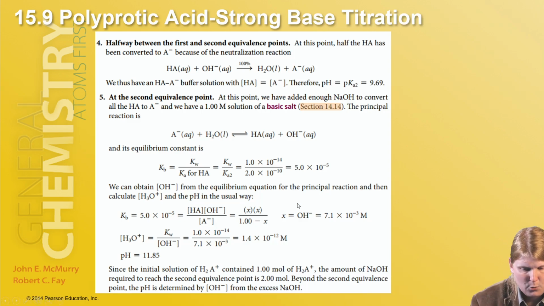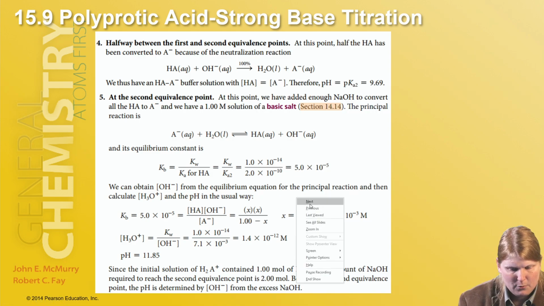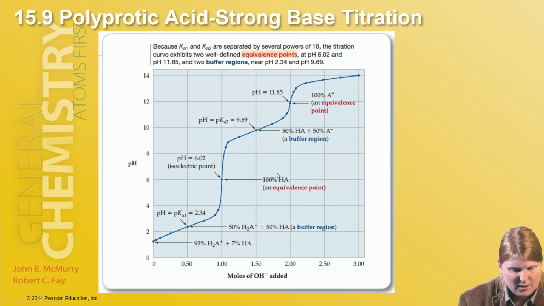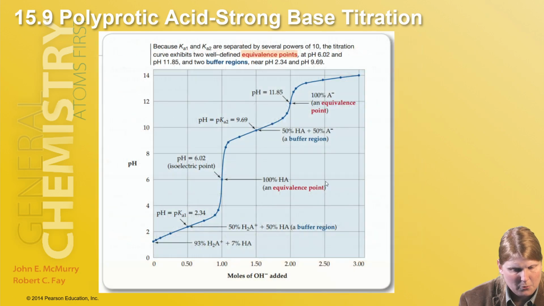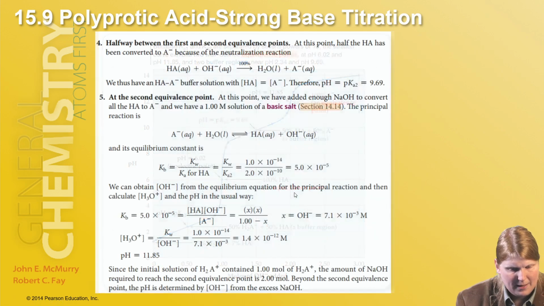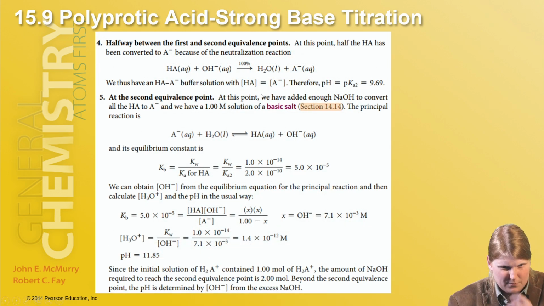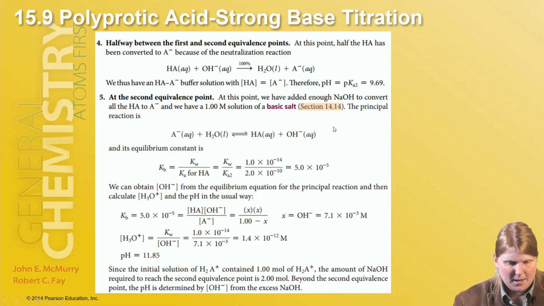Then at the second equivalence point, we have a basic salt, and we can do the same basic idea once we're past that. The only real interesting thing was at this first equivalence point. That was interesting and new. But past that point, this behaves essentially like any other titration that we've seen in terms of its behavior and characteristics.